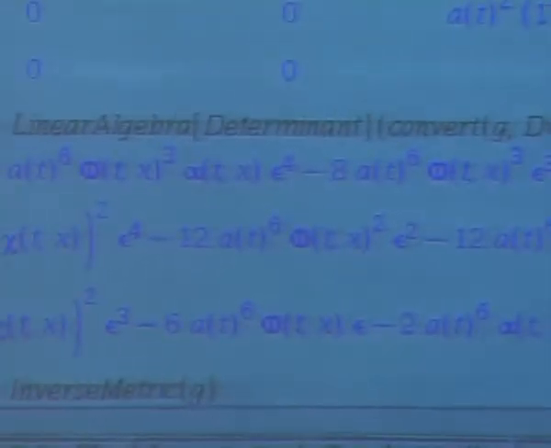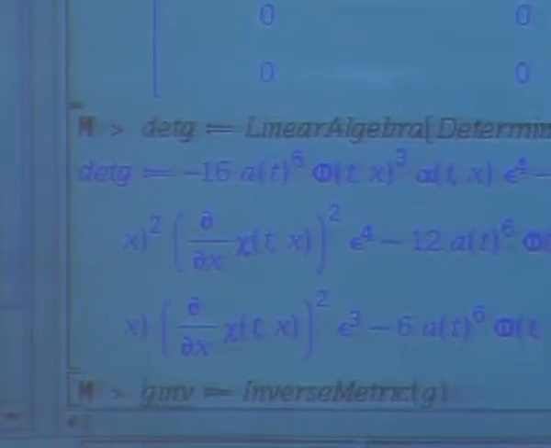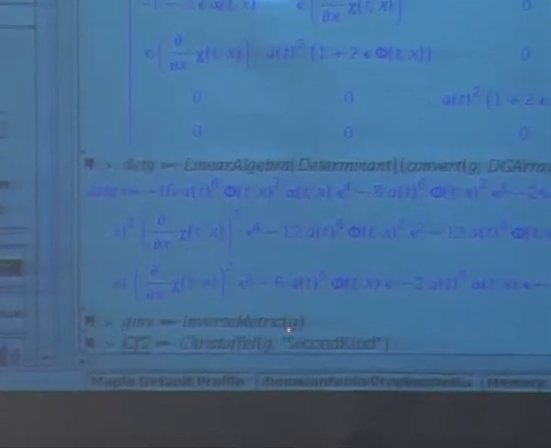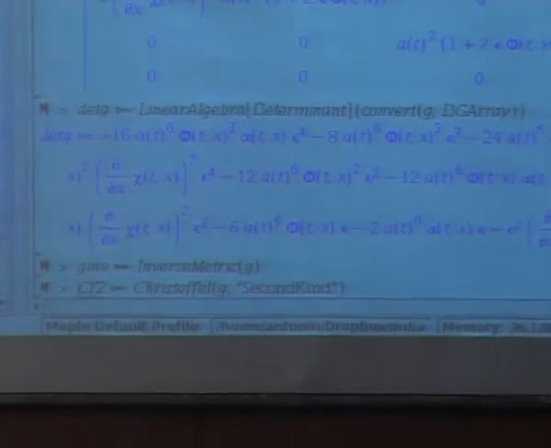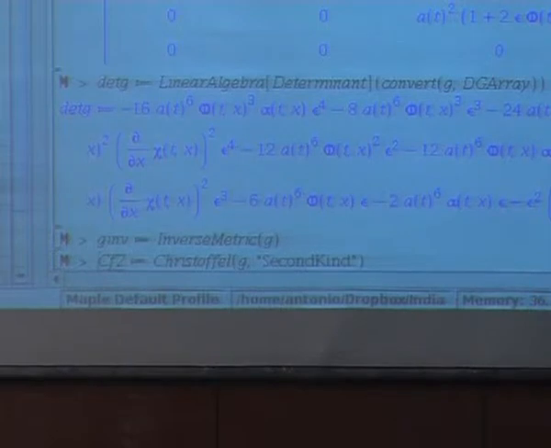So this is another way to say that, in this case, this kind of computer software is really handy. Then I do the inverse. I put this colon here just not to show you the result, because you would have a heart attack.